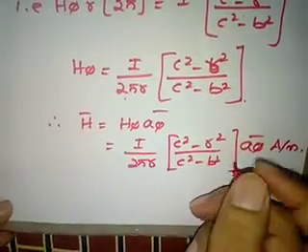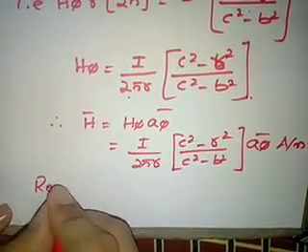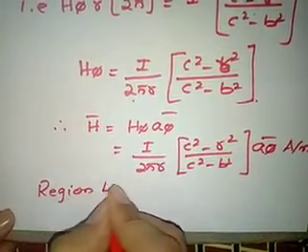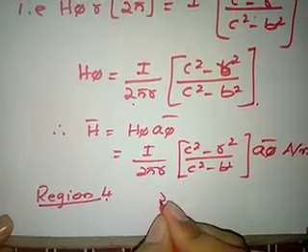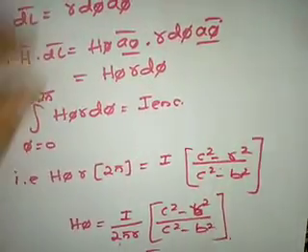So next is region 4. In region 4, what we are considering is r greater than c. So if r is greater than c, then what will happen?